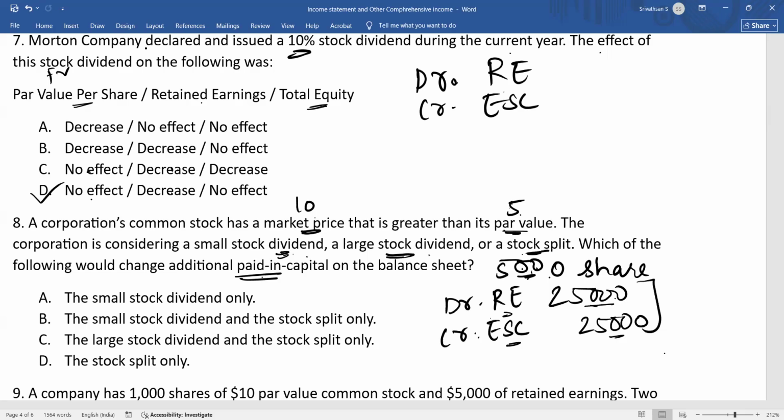Stock split will just increase the number of outstanding shares. It will decrease the face value of the share. There is going to be no impact on the total equity as well. So stock split, obviously, it will not impact additional paid in capital. So any option with stock split can be easily eliminated. So option A is the right answer. Only small stock dividend will impact additional paid in capital. Large stock dividend and stock split will have no effect on additional paid in capital.